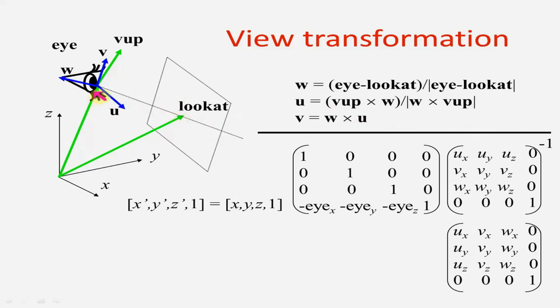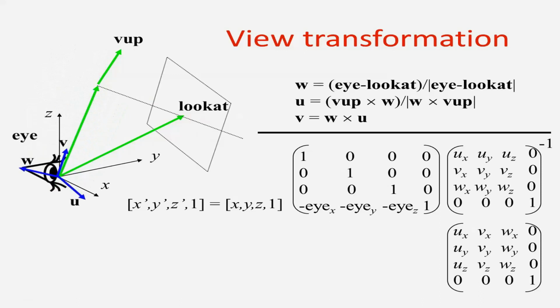The transformation we are looking for is a translation, then a rotation. The translation moves the eye to the origin. The translation has a simple homogeneous linear transformation matrix, which is here. Having applied this transformation, the orientation should be changed to align vector w with axis z, vector v with axis y, and vector u with axis x.